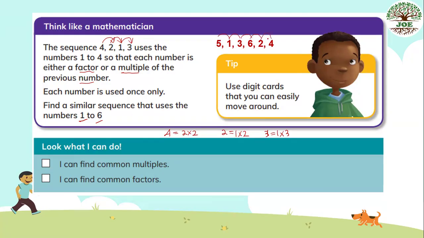And 2 becomes 4. 2 times 2 is 4, so 4 is a multiple of 2. This way we can write the sequence. So look what I can do: I can find common multiples, yes, and I can find common factors, yes.